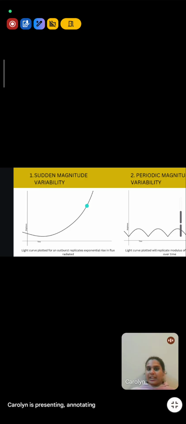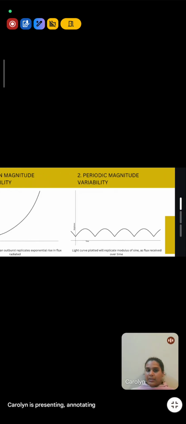So your flux increase is simply finding the difference, right? That's how you find your flux. And these fluxes can rise exponentially to a very high number when there is a huge change in temperature as well as an accretion rate that is visibly evident. That is when you have a sudden magnitude variability light curve.